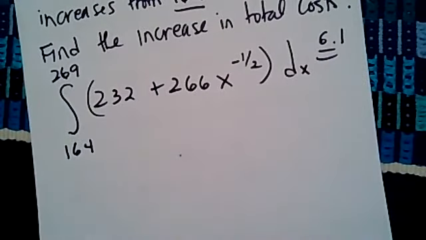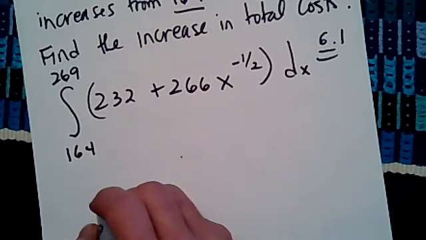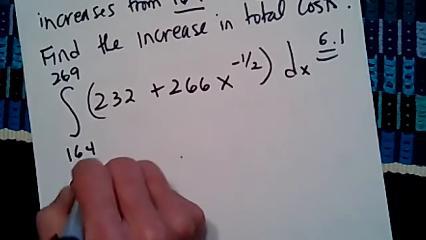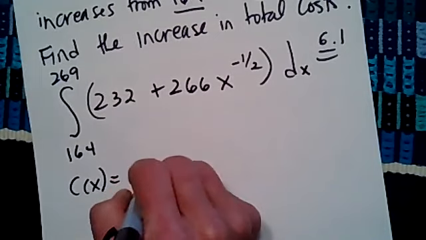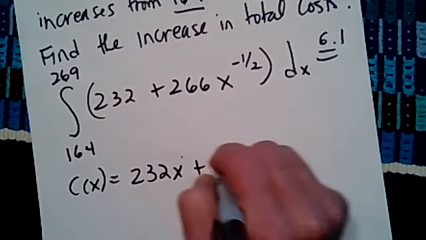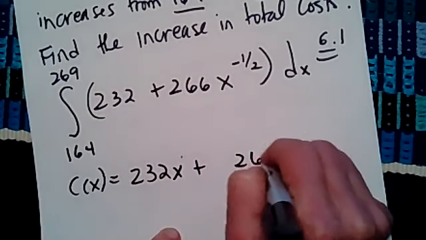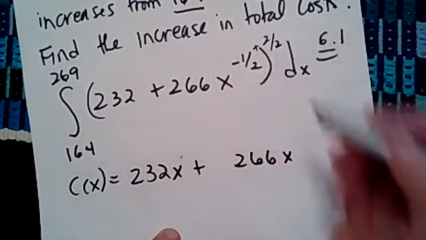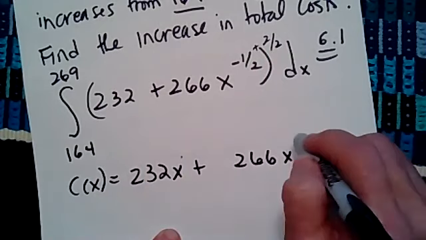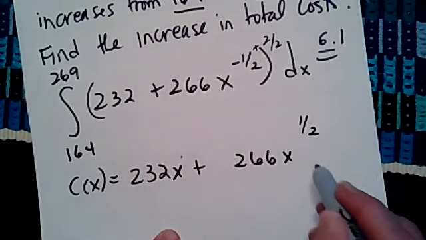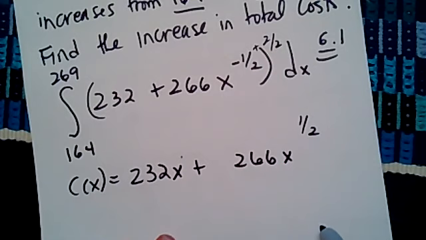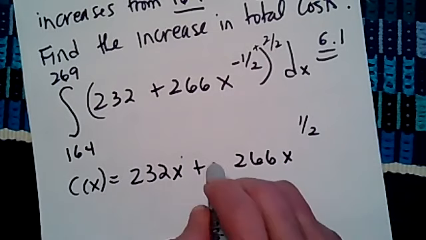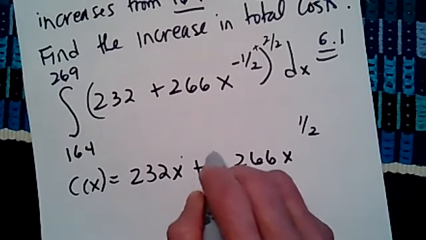So my cost function is going to be 232x plus 266x, and then when I add 1 to negative 1/2, that gives me positive 1/2, and if I divide by 1/2, 266 divided by 1/2, I multiply it by 2/1.